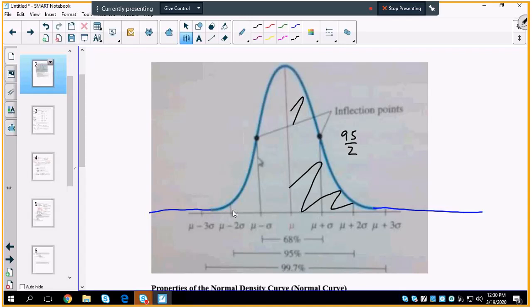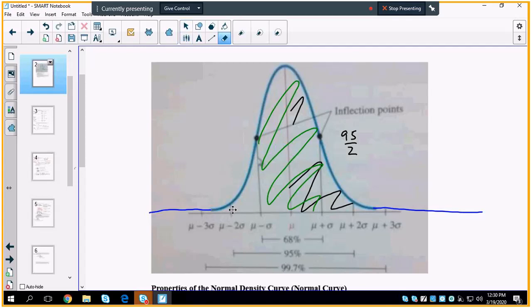Then you think about how much percentage you have between the 1 standard deviation mark. If I talk about only this much, that is 68 from the empirical rule. Think about how much you have only on the right hand side of this. So the green portion on the right hand side is half of 68, so that's minus 68 over 2.